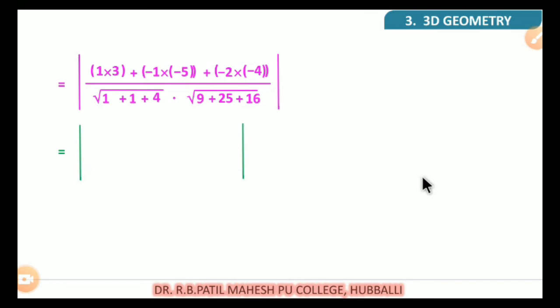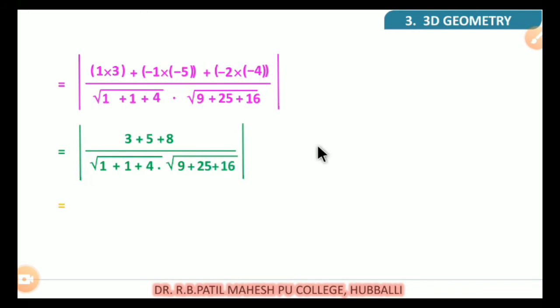So in the next step, whole modulus of 3 plus, so minus 1 into minus 5 is plus 5. So 3 plus 5 and plus minus 2 into minus 4 is plus 8. So whole divided by square root of 1 plus 1 plus 4, therefore it is square root of 6, into square root of again 9 plus 25 plus 16.